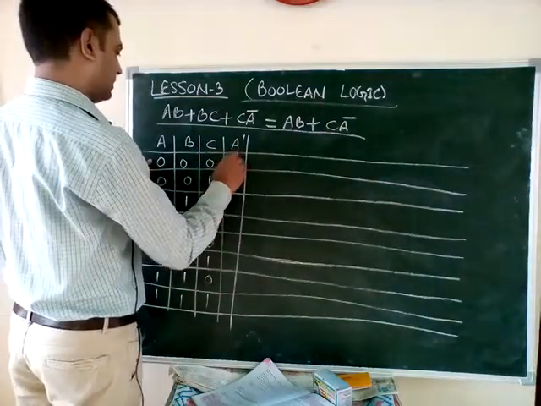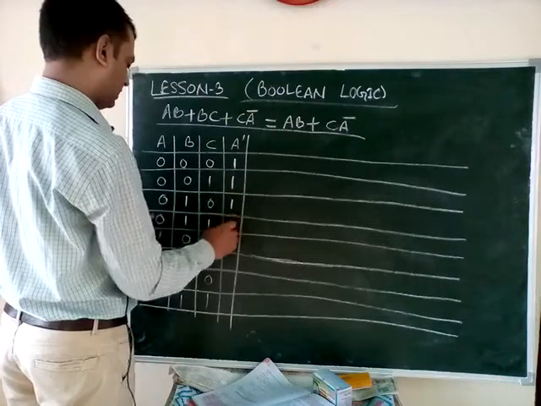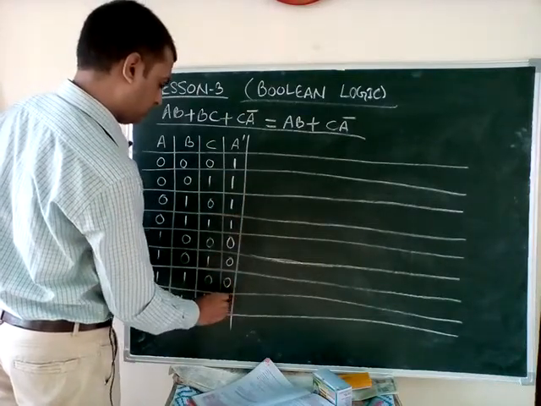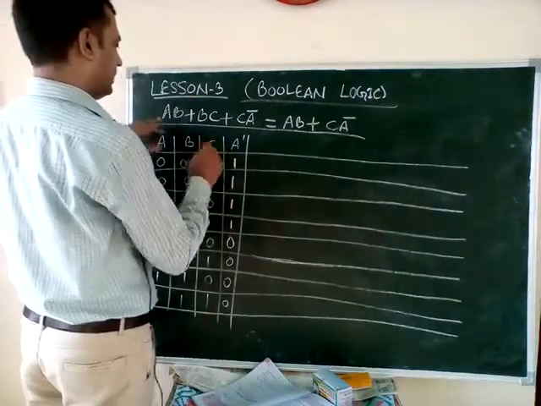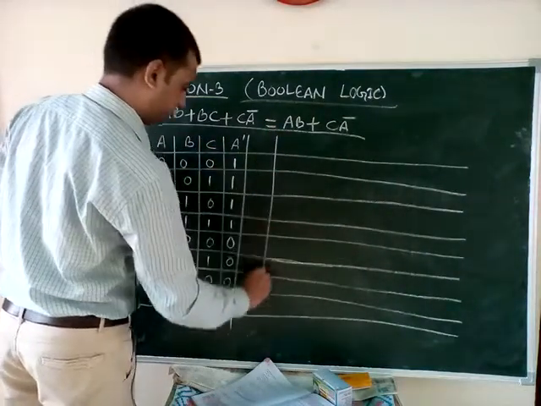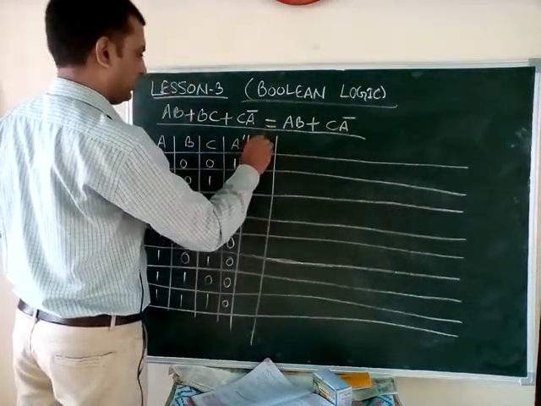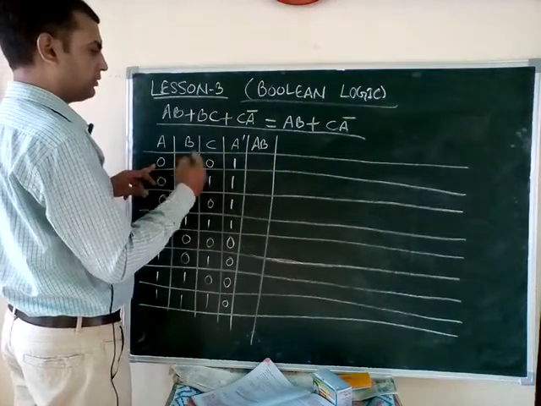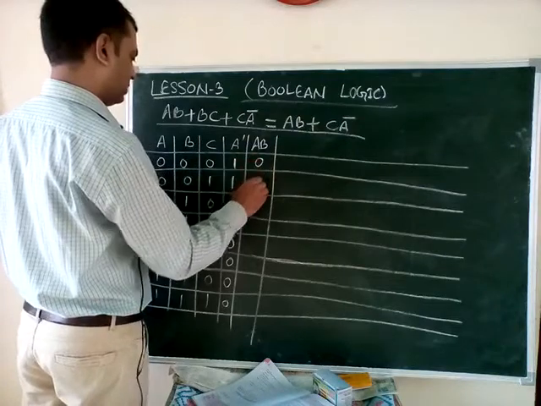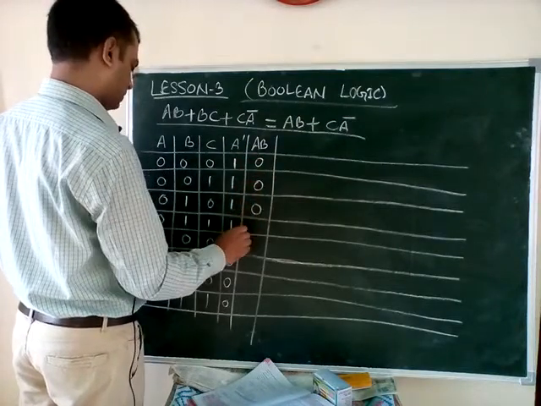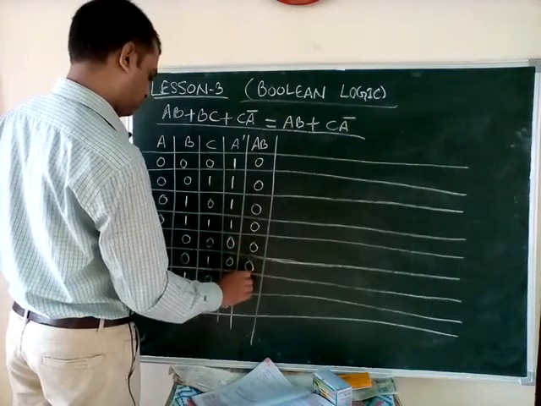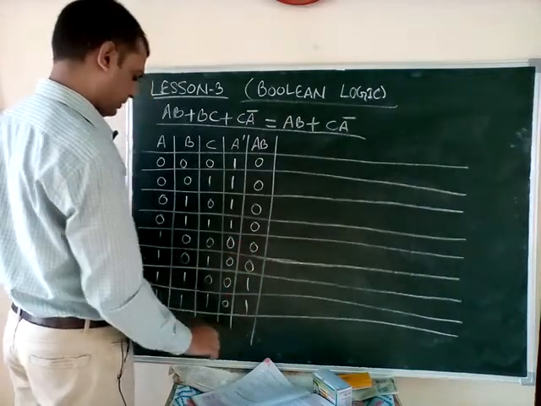Now A bar means 1 1 1 1 0 0 0 0. Then after AB, so AB means multiply. If any 0 is there, then you have to give 0. So 0 0 0 0 0 0 1 and 1.